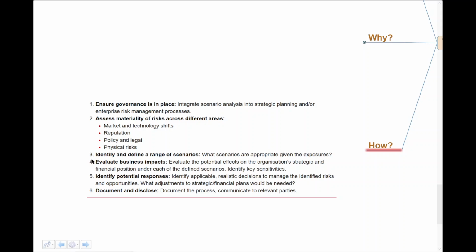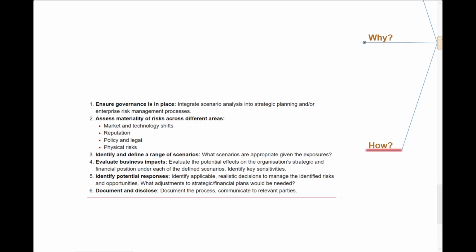Number 3, here's where we decide on a range of scenarios. Given our assessment of risks and the environment, let's come up with possible scenarios. Number 4, let's evaluate the business impacts of these scenarios.